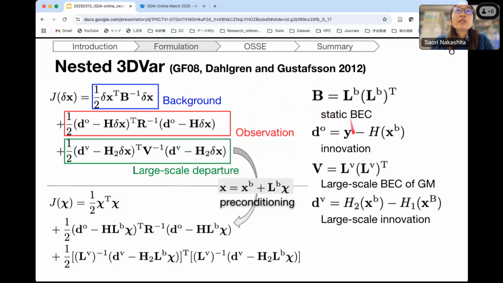Like the background error covariances, the large-scale error covariance is also determined statistically and usually requires several assumptions on error correlations, such as isotropic spatial correlation or the geostrophic balance, and so on.